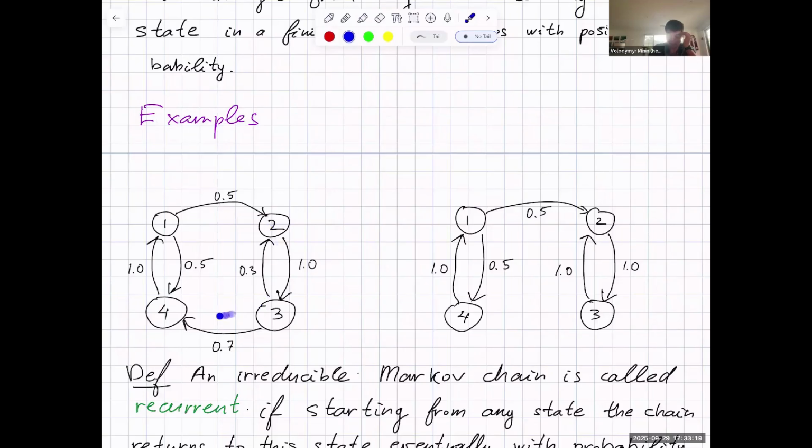So I can go from 2 to 1 in 3 steps, but not in one step. If I drew it correctly, I should be able to go from anywhere to anywhere in this Markov chain in a finite number of steps. That's why we call it irreducible.